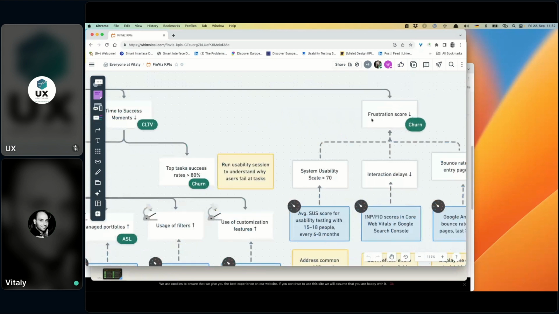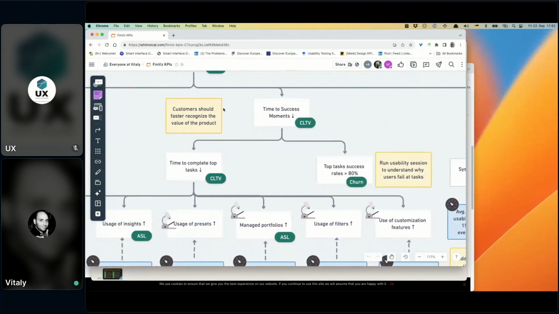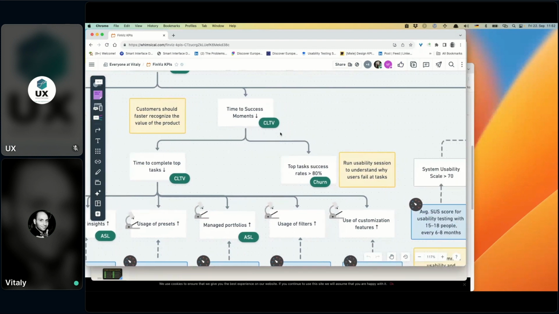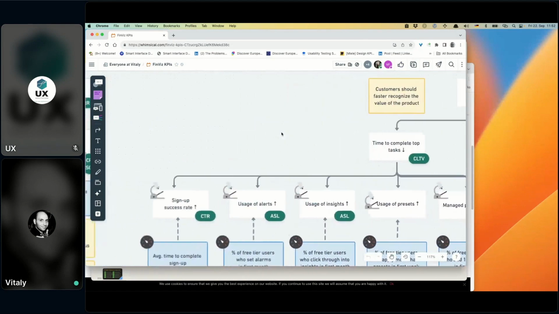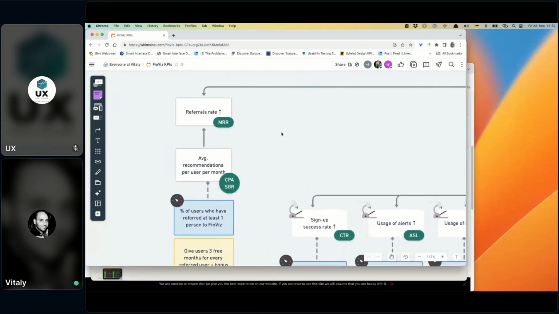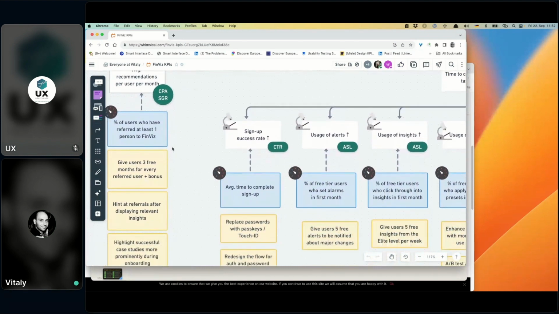That's not surprising. You also need them to see the value of your product faster, so we need to measure time to success moments and speed it up. Another thing that could help here is things like referral rate. If we can speed that up, we can also improve the ratio of people who are signing up. And from there, we're moving towards the design activities that we're doing here.